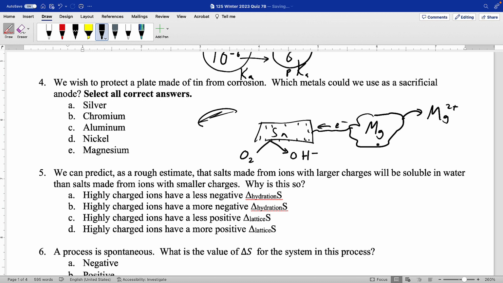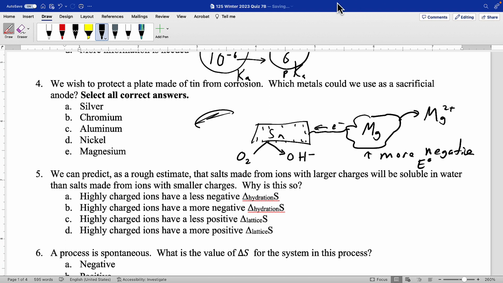Now for this to work, we need to have a metal that has a more negative reduction potential. Okay, so we need to look at a table of reduction potentials to see which metals are more negative than tin.